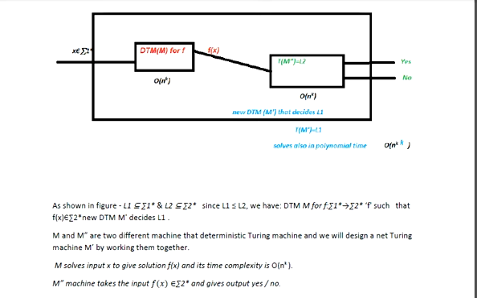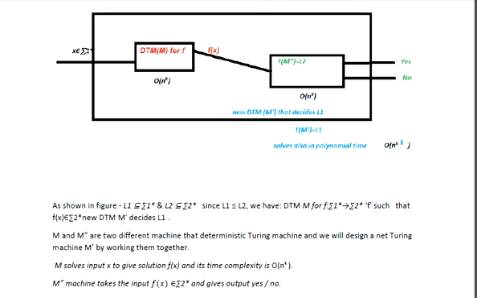Now once I use this input x in my machine M, it will give the output f of x, and it will not go to the final state yes.